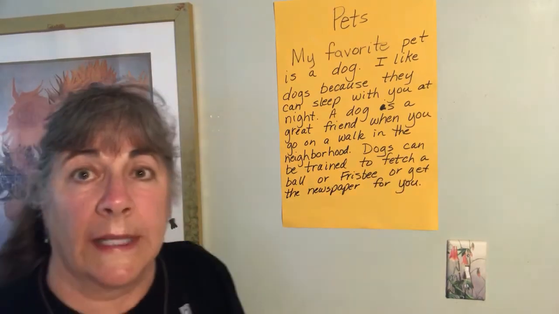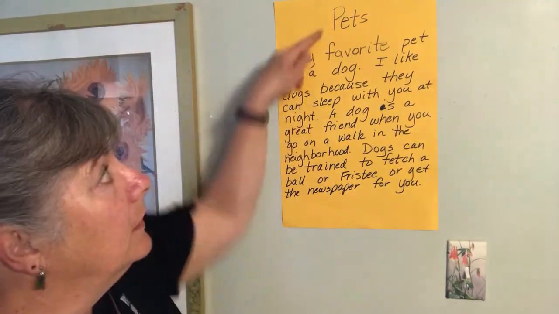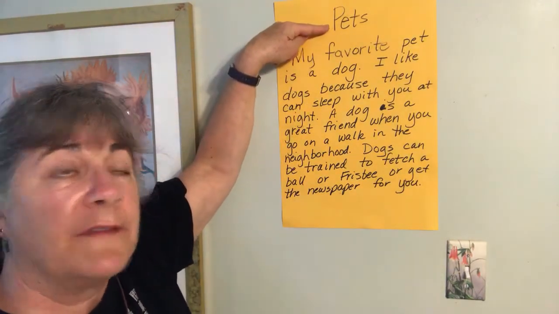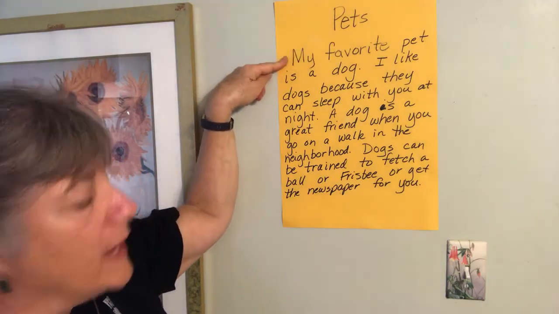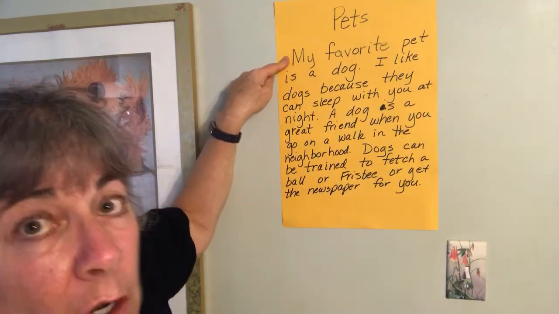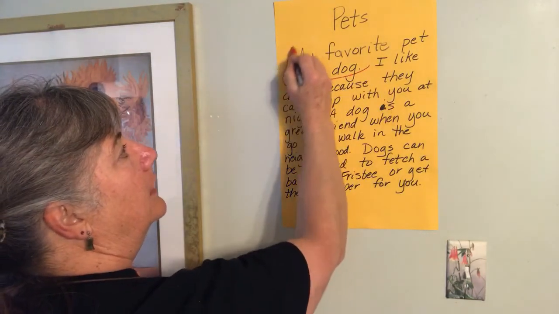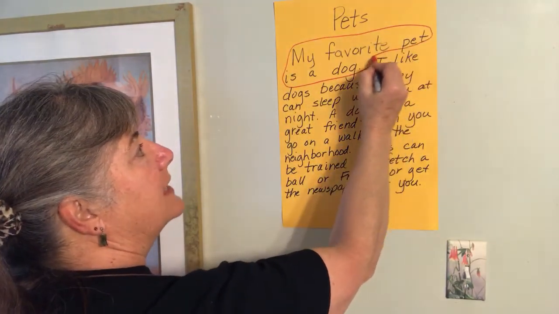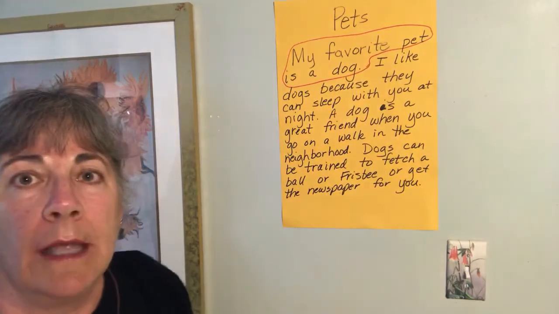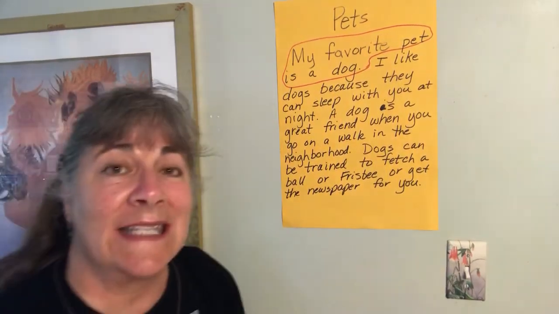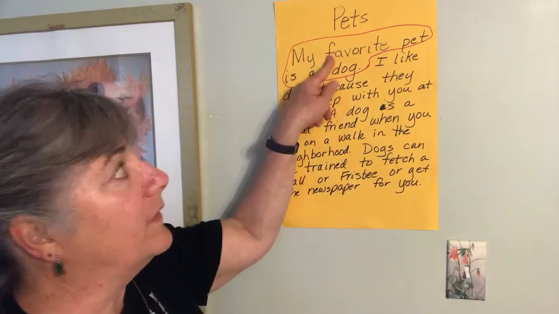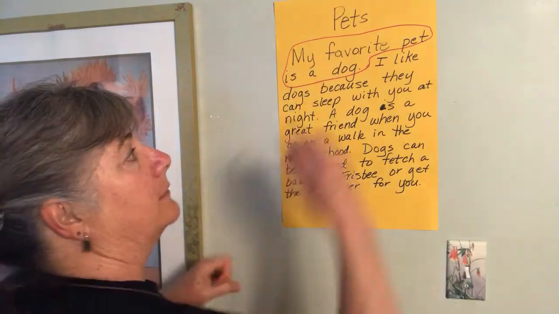All right, so let's talk about those pieces again. We have what our paragraph is about, our opening sentence, or our topic sentence is, my favorite pet is a dog. And all of these sentences after that support this, why it's your favorite pet.